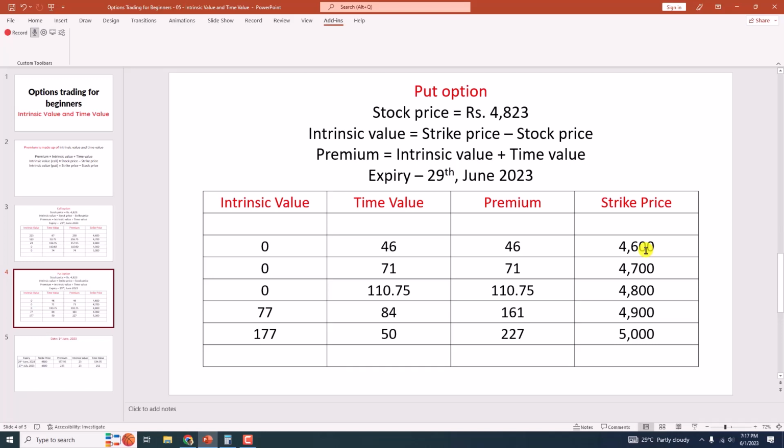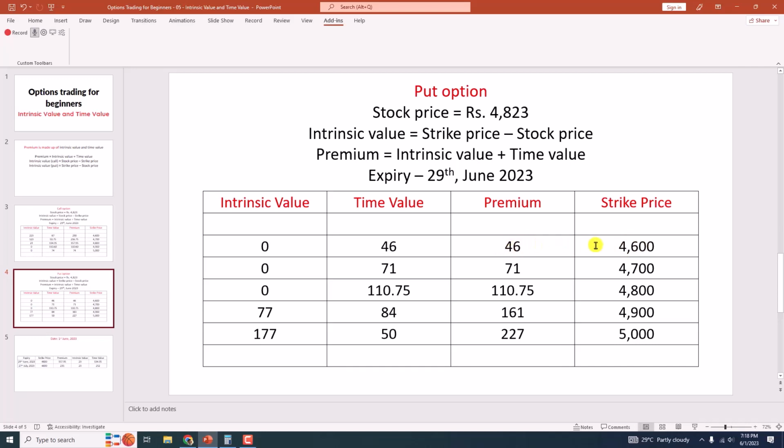Why? Because the stock itself is trading at 4,823. So why would I want to sell at a lower price when I can sell at this price? Correct? So what I will do is I will say to the seller, okay, I do not want to sell at this price. I am okay with this being lost.